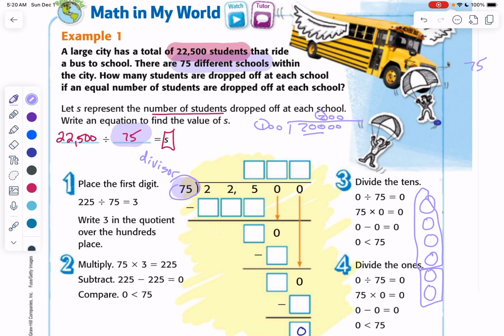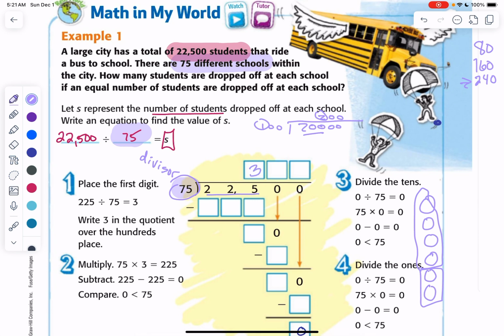Today we're going to round to 80, okay? And skip count by 80. So what's 2 times 8? That's 16, so 160. What's 3 times 8? That's 24. So 240. Oh, look at that. 3 times 8 gets us really close to 225. So let's try 3.